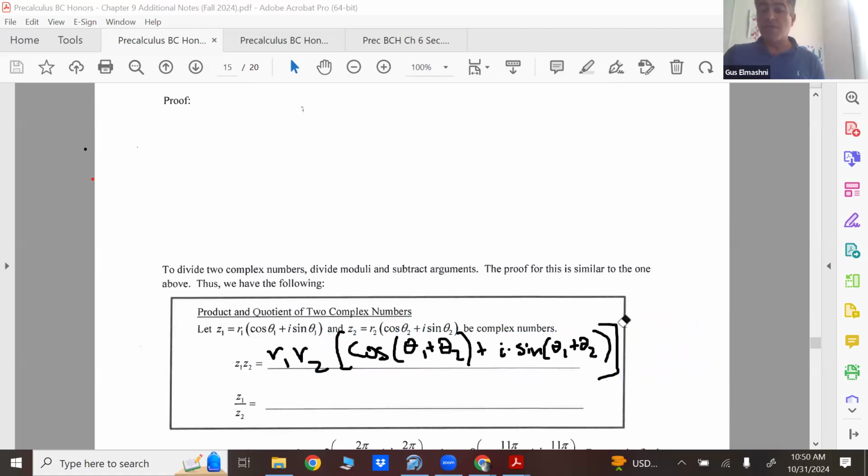Yeah, that works. So that's Z1, Z2. Now, if I divide the two, I'm not going to do that proof in the interest of time, but it's pretty similar.